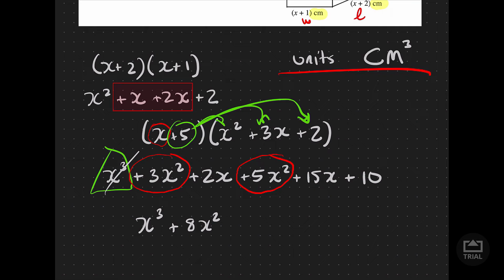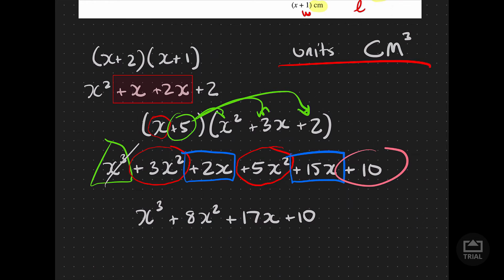I have a plus 2x and a plus 15x, giving us a total of positive 17x. And finally, moving on to our constant, a lonely little 10 down there by himself, plus 10. And that will be our final answer in descending order.